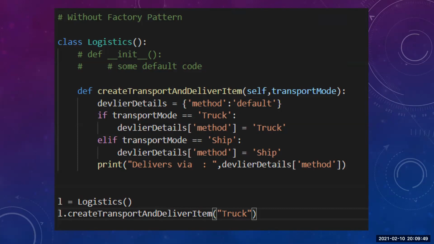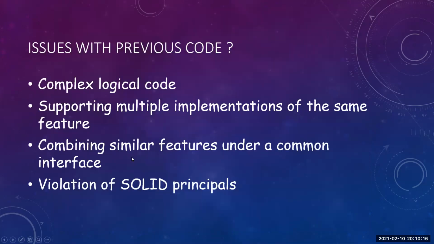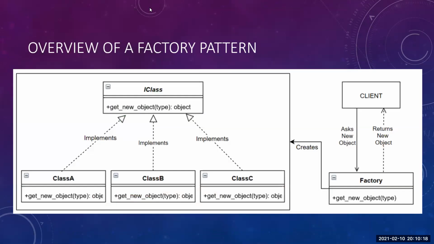So yes, we can claim this logistics as the client, and then as we discussed earlier, we can get the truck and ship into the subclasses, that is classes A, B, and C, and you're claiming this entire function as one big factory method. So, okay, let's go. I'll be coding. You guys will be seeing my screen while I'm coding, and you can suggest more on what exactly and how exactly we'll be coding ahead.